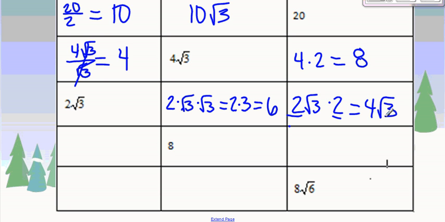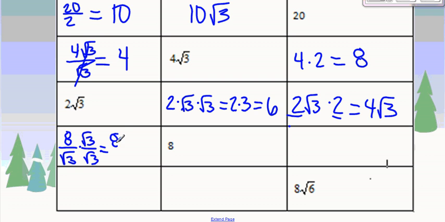Okay, for the second to last example, we're given 8. Okay, so we're going to go to that short leg, 8 divided by the square root of 3. Okay, we're going to rationalize that denominator by multiplying the top and the bottom by the square root of 3.